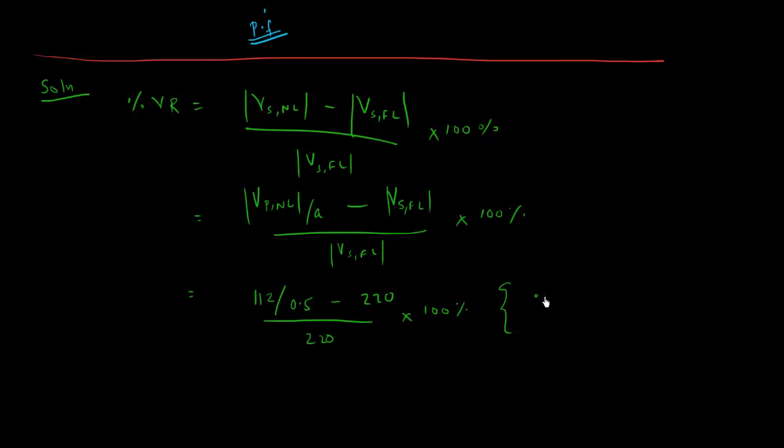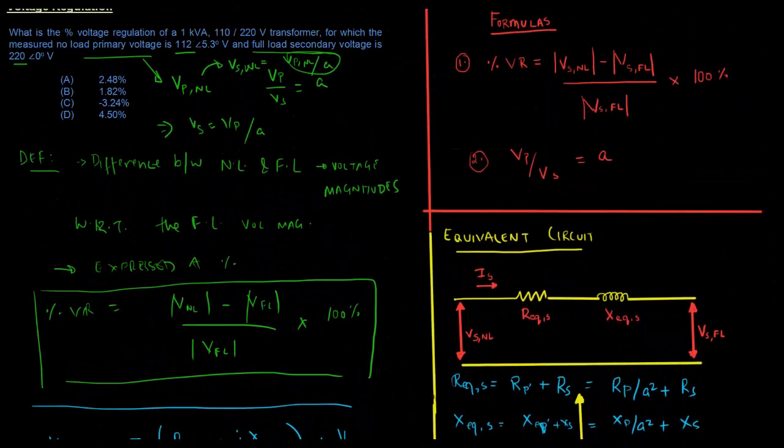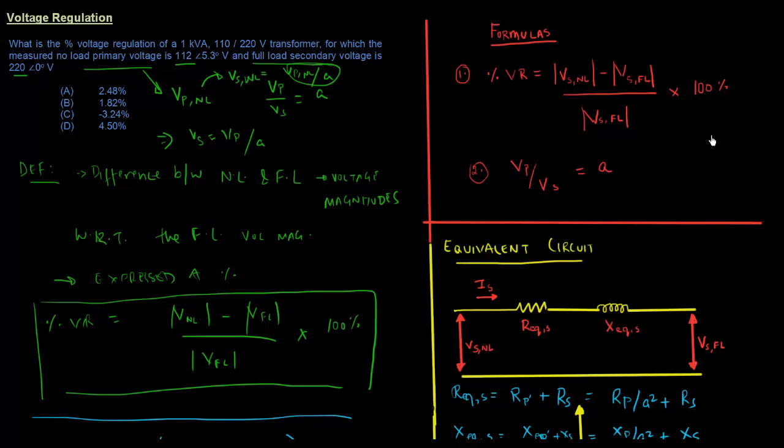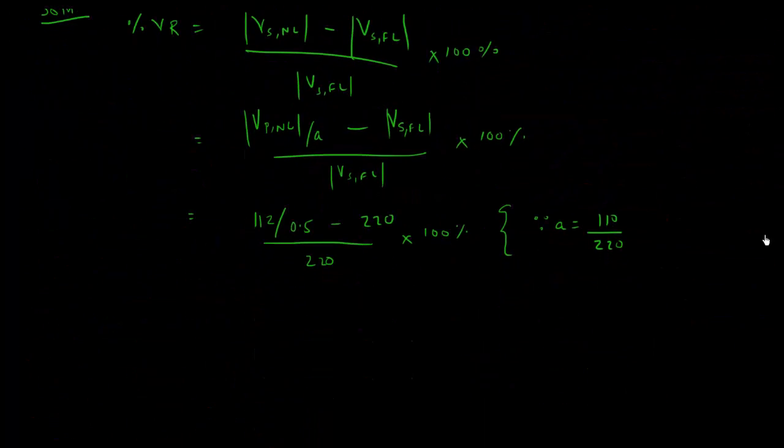That's because A is, the rating of the transformer is 110 by 220, so that's what we'll have this as, 110 by 220, which gives us 0.5.